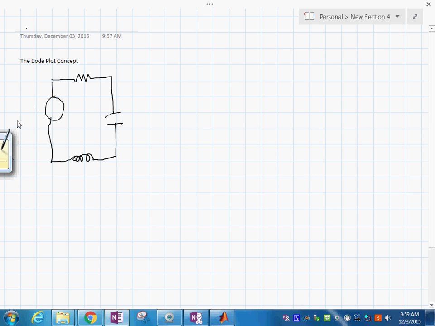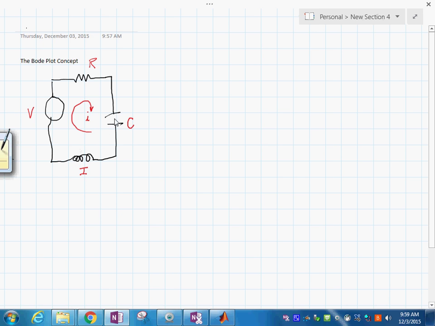You have a voltage source, a resistor, a capacitor, and an inductor with value, usually the letter L. You have the current that circulates through this loop, and we're going to call it I.